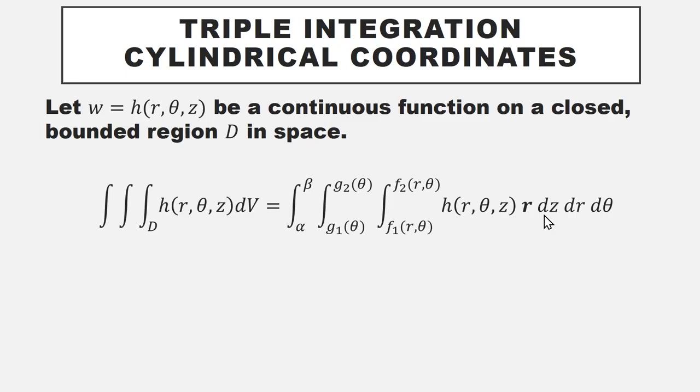So if we have a z, we'll do r times dz dr d theta.